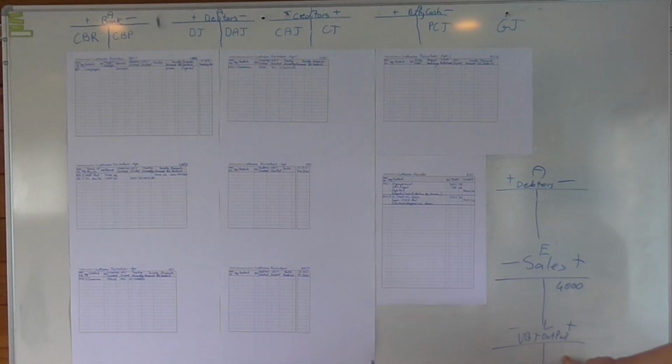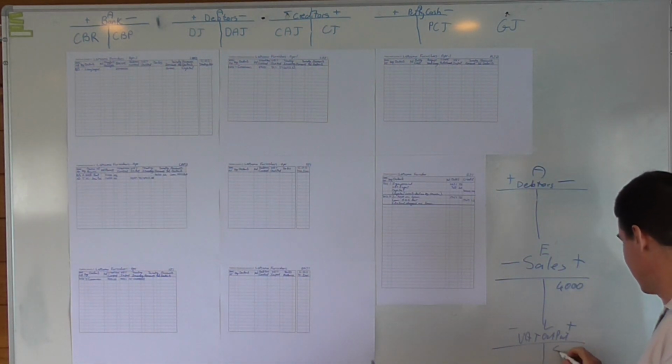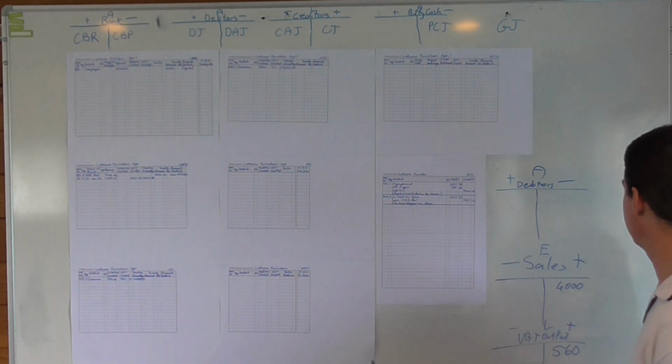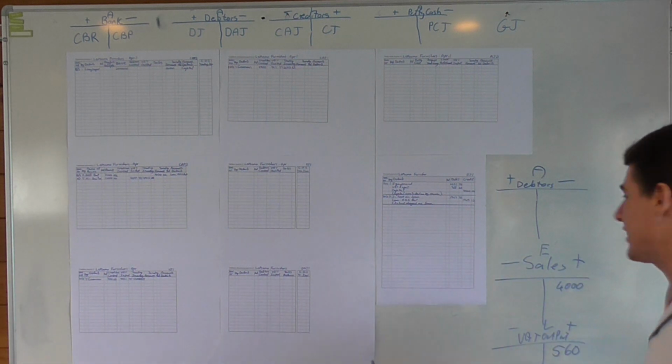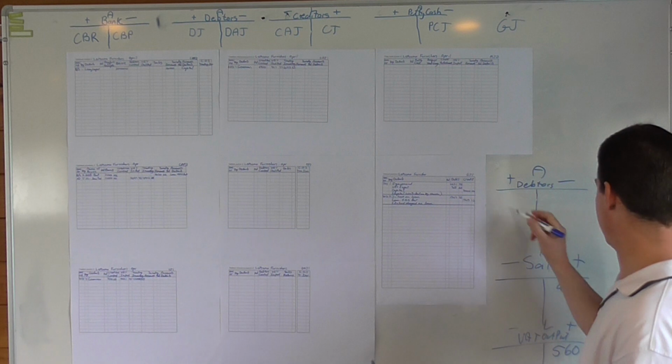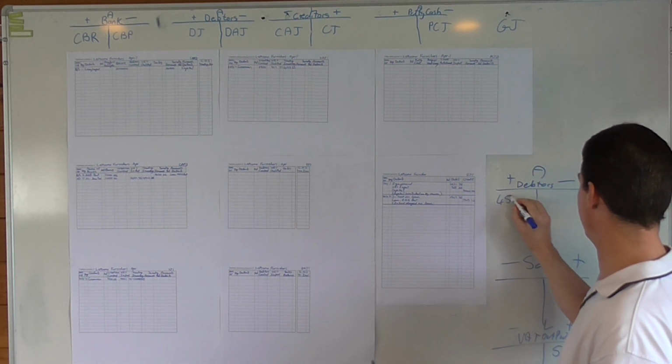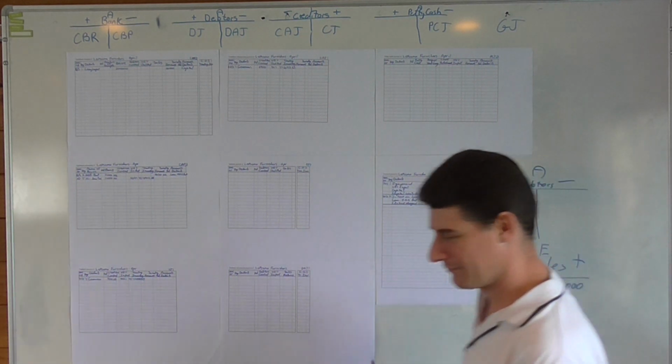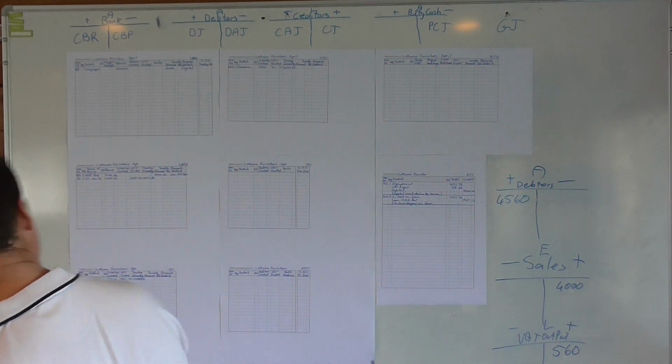So your VAT output is 560. Your VAT inclusive amount, remember your debtors are increasing, so it's 4,000 plus 560, and that gives you 4,560.